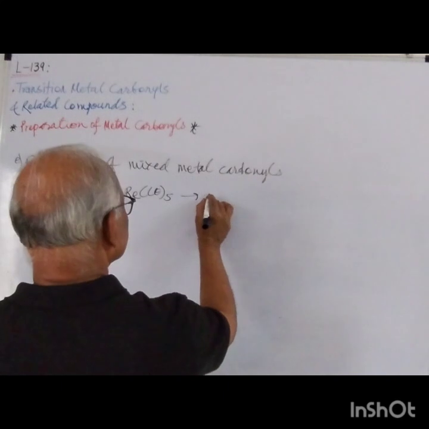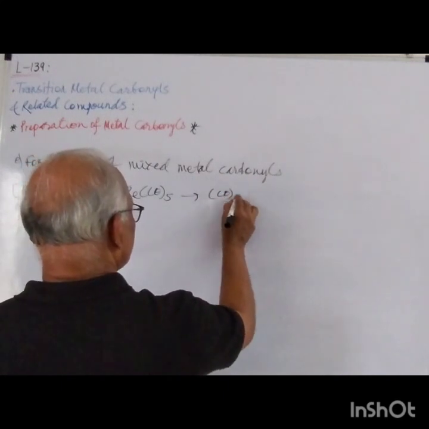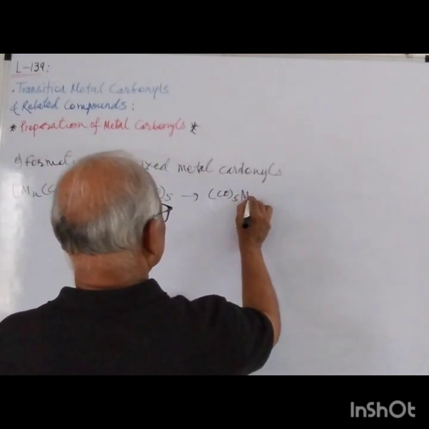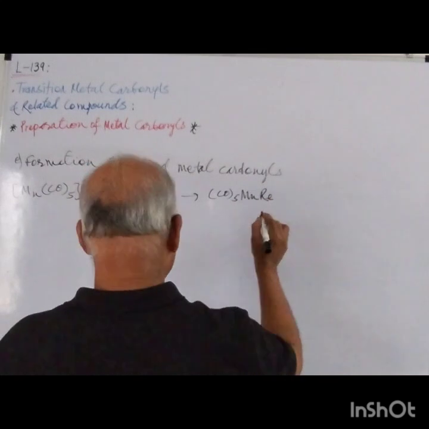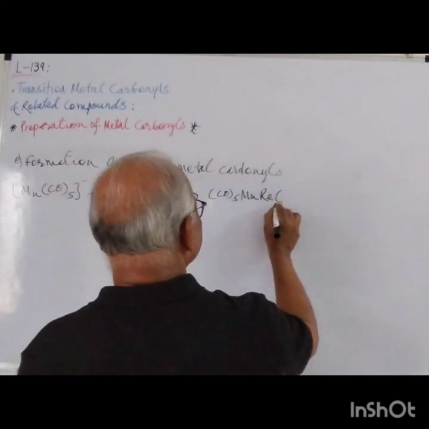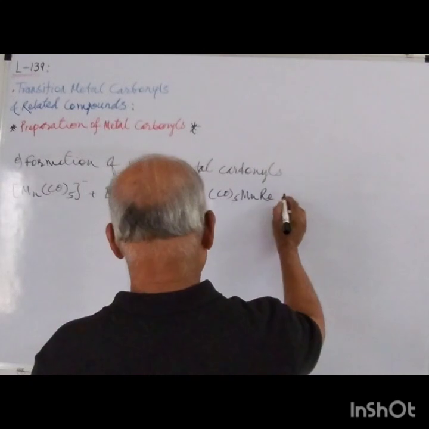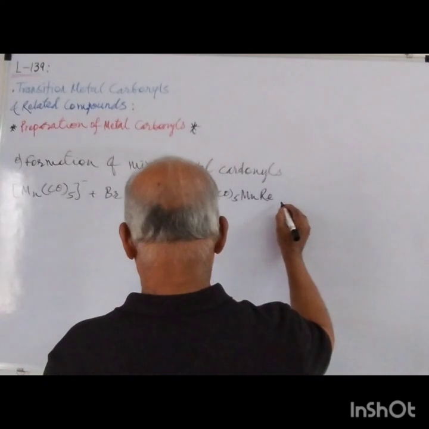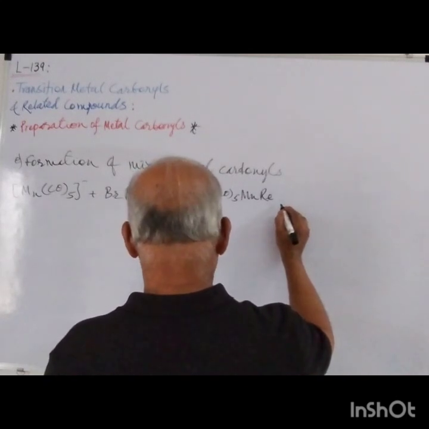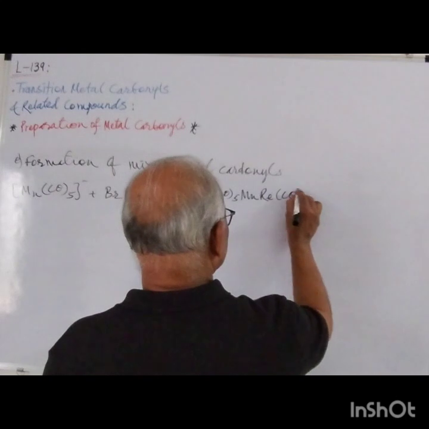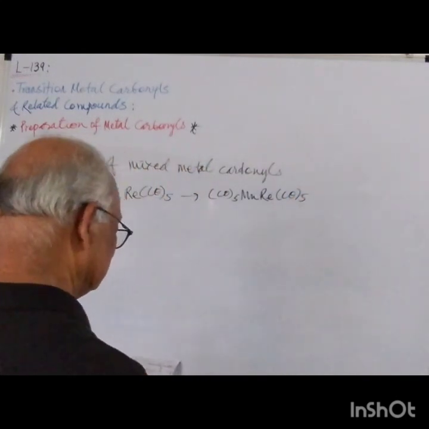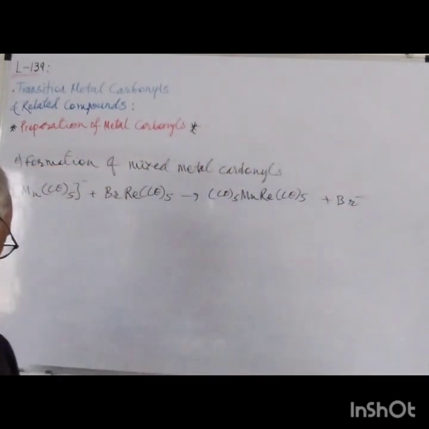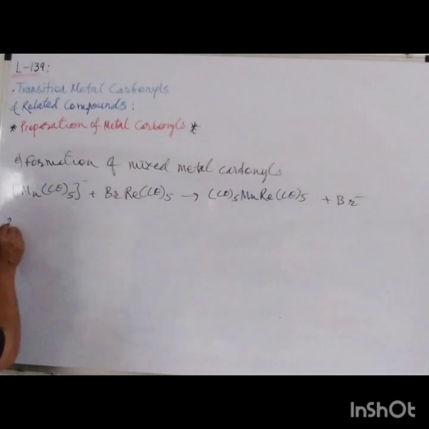So it gives (CO)5MnRe(CO)5 plus Br minus.